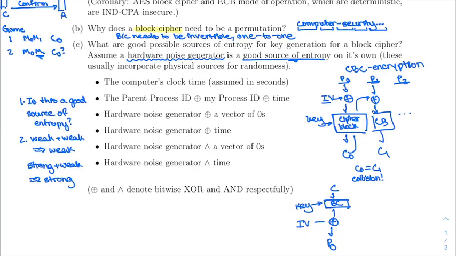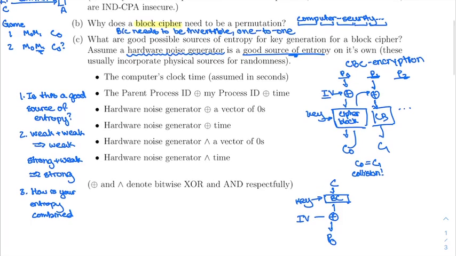So the third point is to see how your entropy is combined. As you can see on the bottom here, hopefully that's a hint. If you're combining sources of entropy with XOR right here, or the AND function, that's actually going to affect the resultant entropy. So just a set of guidelines to think about this.